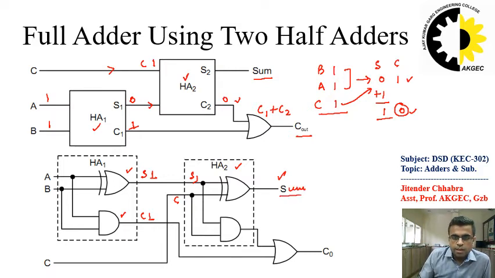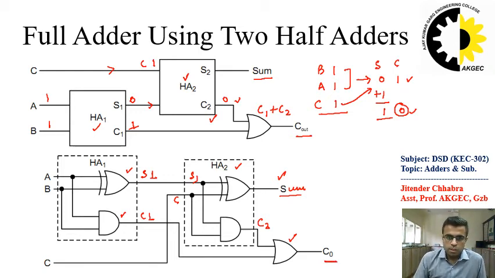And this AND gate produces another carry C2, like here C2. So now there are two carries to be considered, C1 and C2, and these carries are added together with the help of an OR gate to produce the final carry. So this becomes my full adder using two half adders.